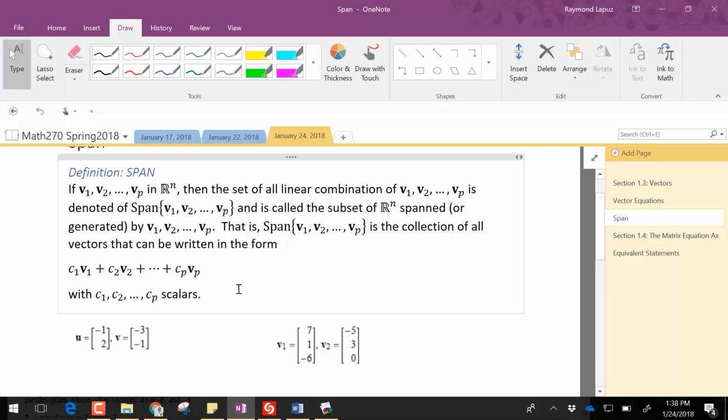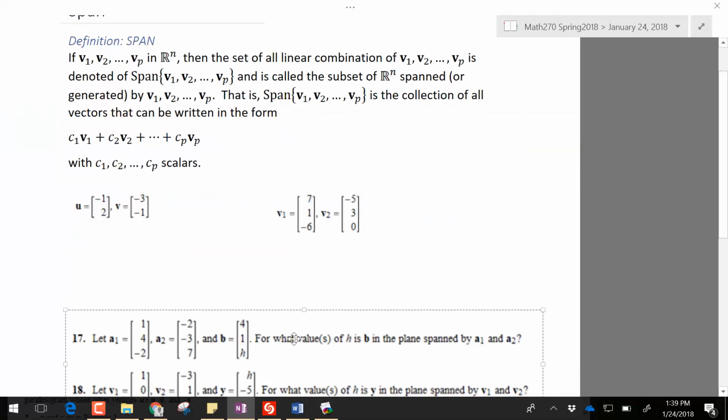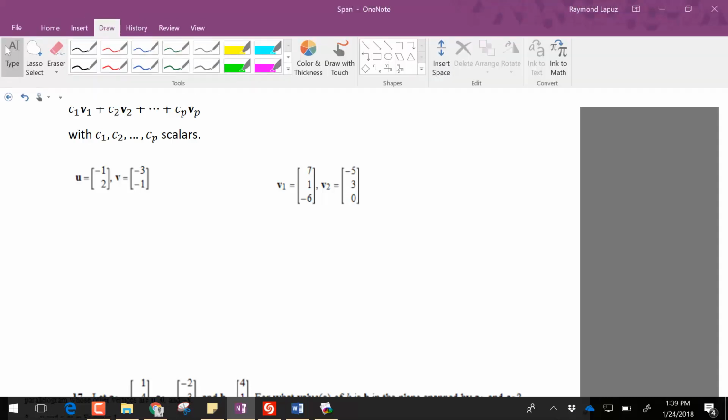All right. So let's take a look at the same two vectors that we were working on at the very beginning. And let's try to imagine what's in the span of these two vectors, u and v.